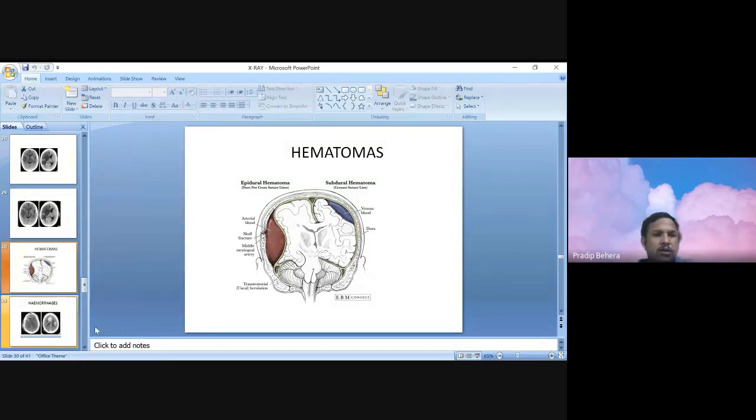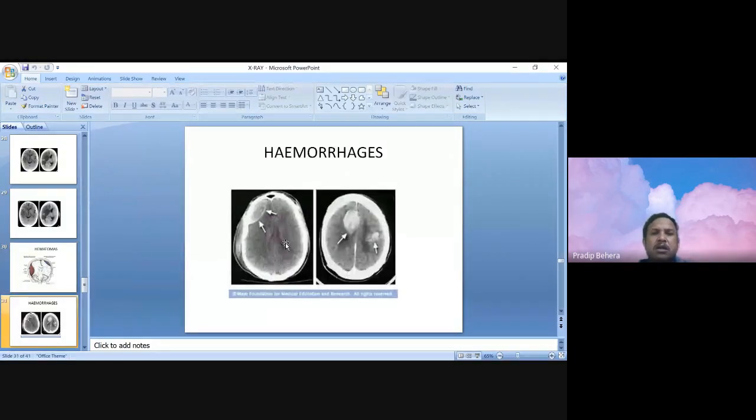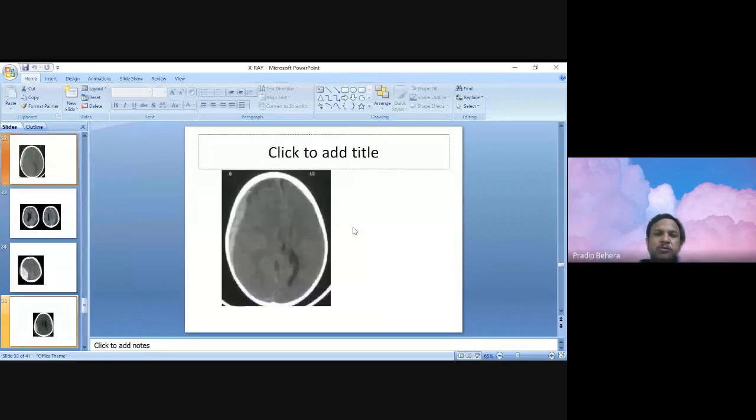Next, coming to some CT scan plates. Here this is biconvex, so this is an epidural hematoma. Here it is an intracerebral hematoma. Here you see there is the edema.